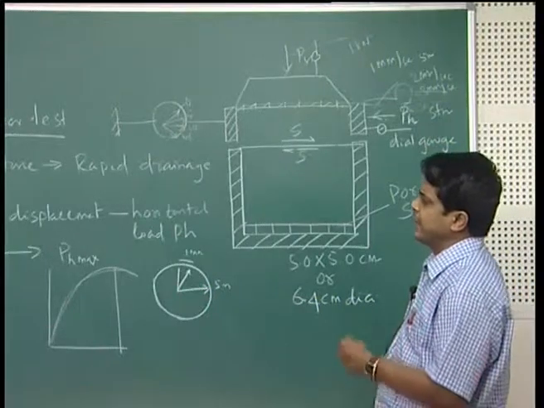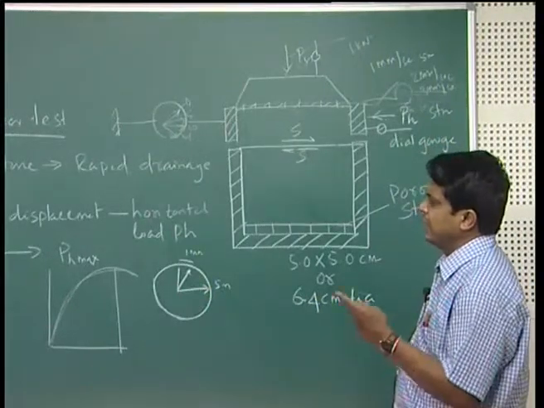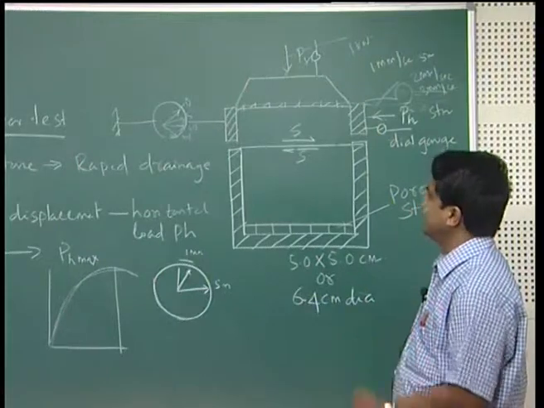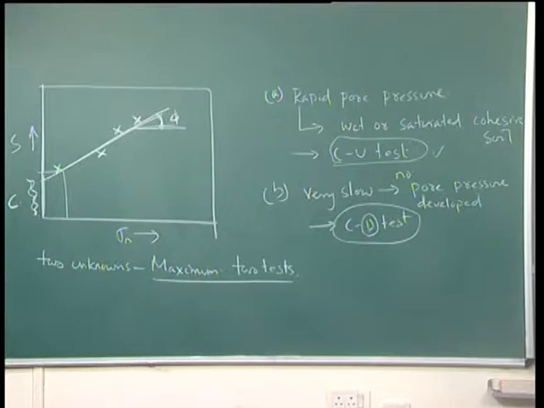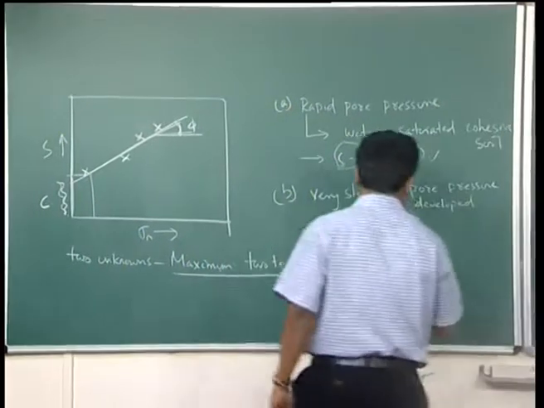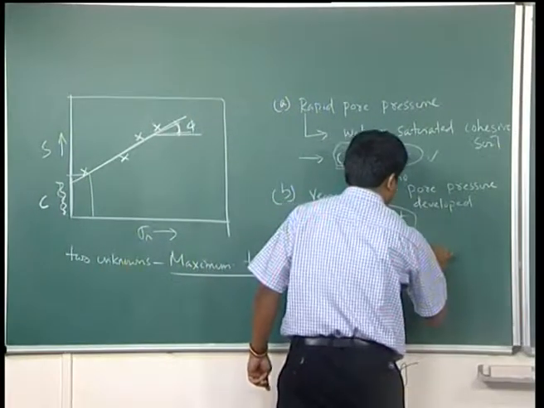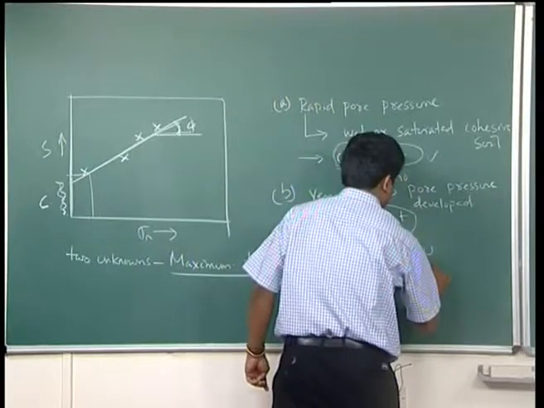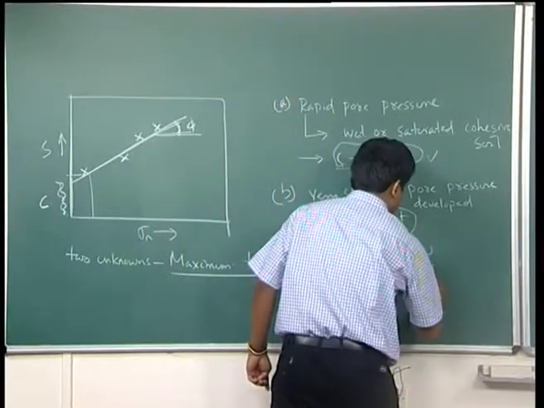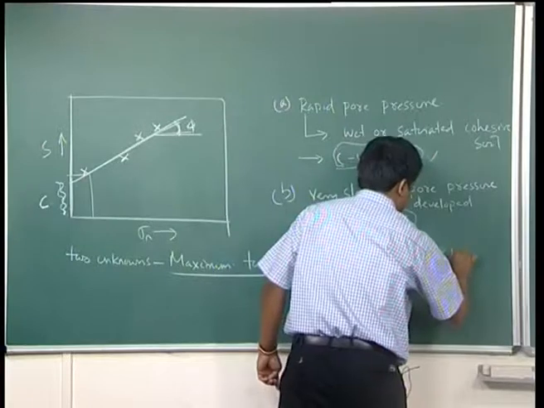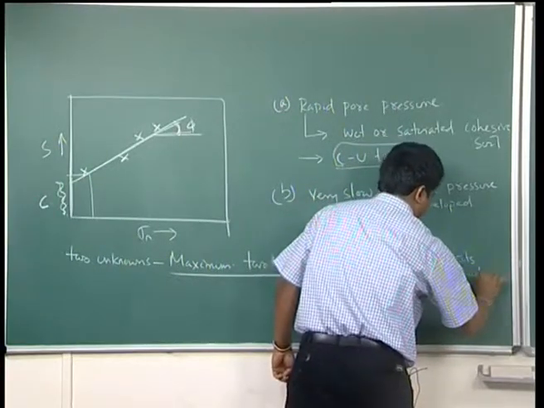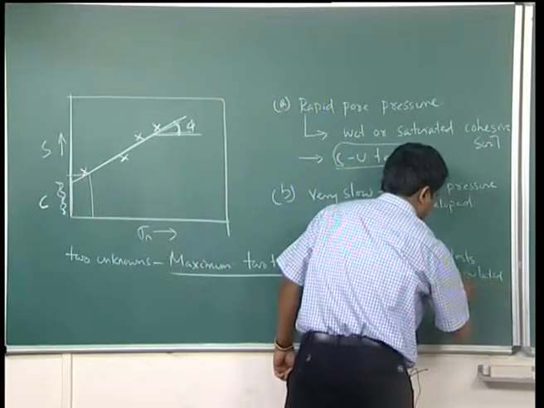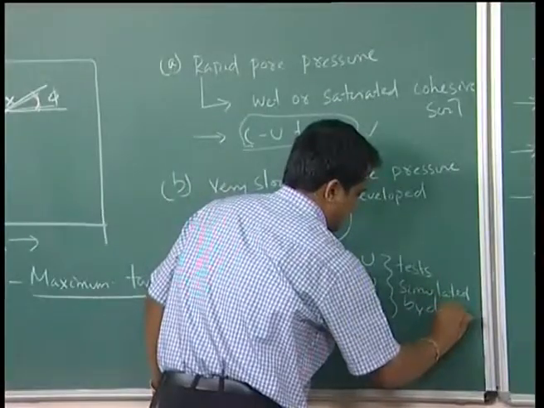Three triaxial test conditions can be simulated: one is your UU, another is your CU, and another is your CD. These three tests can be simulated by your direct shear test.